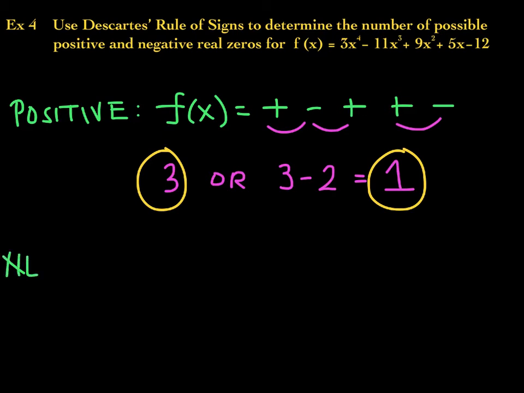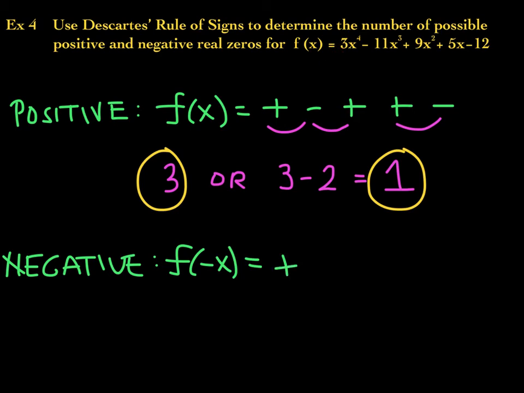Now, for negative real zeros, we have to count the number of sign changes in f of negative x. Now, the first term, the variable has an even exponent. So no matter what you plug in for x, and actually here we're plugging in negative x for x, negative x to the 4th power will be the same thing as just x to the 4th power. So this term will keep its original sign, which is positive.